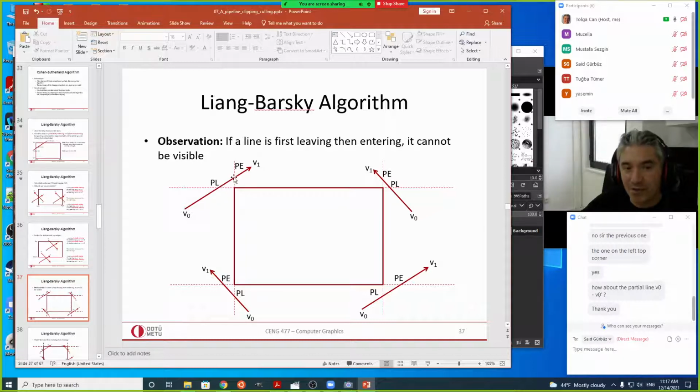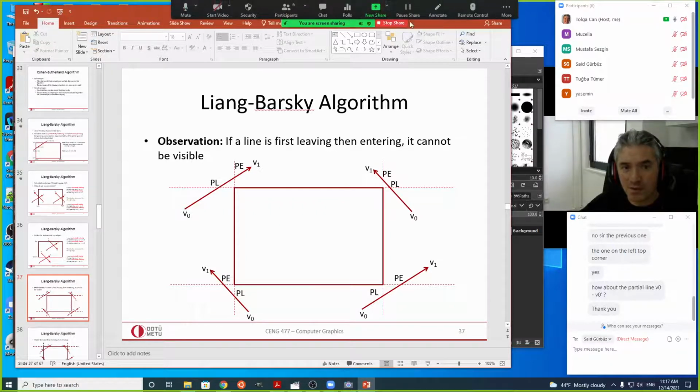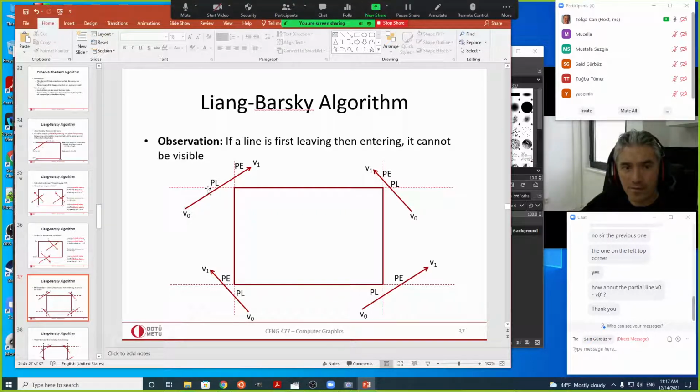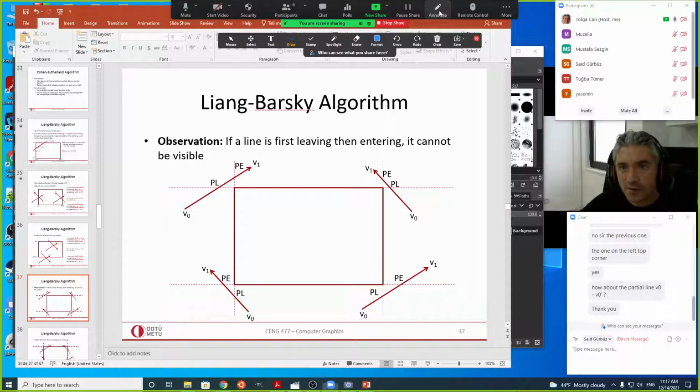If you're first potentially leaving someplace, you could be potentially leaving at this point as well. So let me choose annotation.